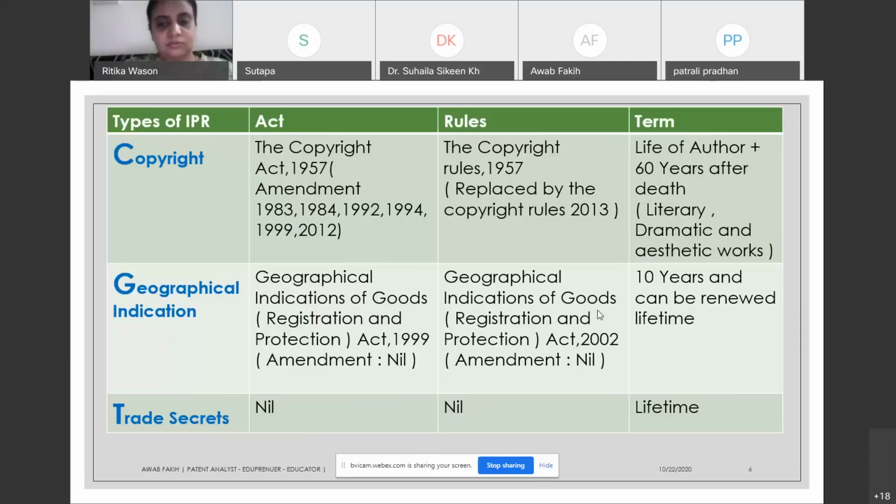So my question to this amazing audience is, in the previous slide, we have seen one of the types of IPR which had a similar term for protection as that of geographical indication.